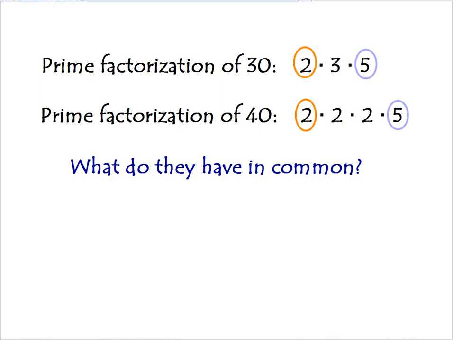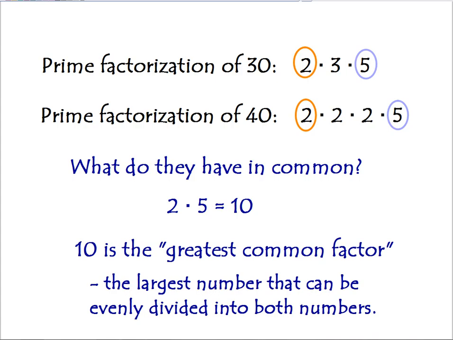Both of them have a 2 and both of them have a 5, and that's the only thing that they have in common. When I multiply those two numbers together, 2 times 5 is 10. That's the greatest common factor for 30 and 40. In other words, 10 is the largest number that can be evenly divided into both 30 and 40.